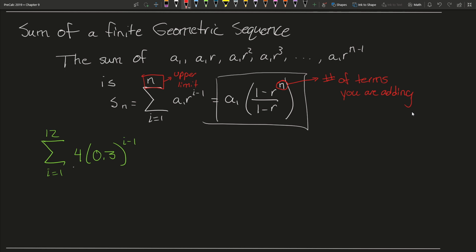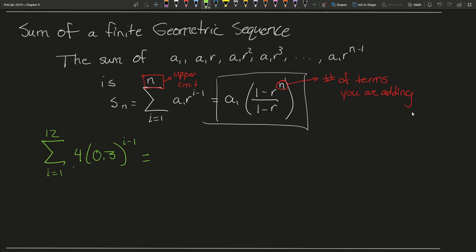Very basically, what you'll see on your homework is something like what you see in green. You'll have the sum from 1 to 12 of 4 times 0.3 to the i minus 1, and we want to sum that together. This should be easy so long as you can pull things out and put them into another equation.